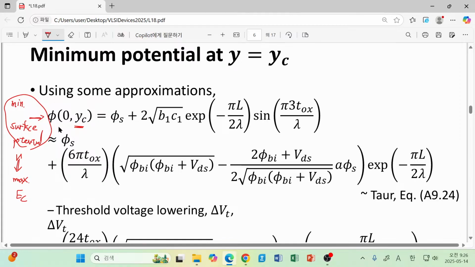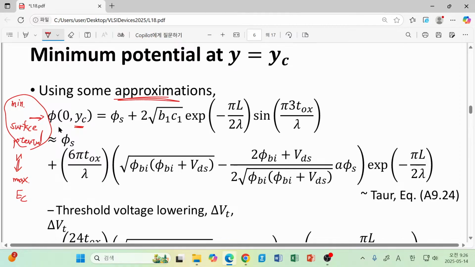So here I added one short notation comment using some approximations. Although I'm writing it down using some approximation, that is quite tedious. So please do your own math to derive this expression. This is not quite straightforward, so it requires some lines and pages to perform this kind of manipulation, and it really requires some approximations.